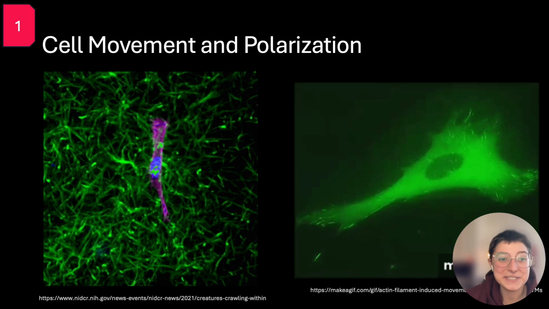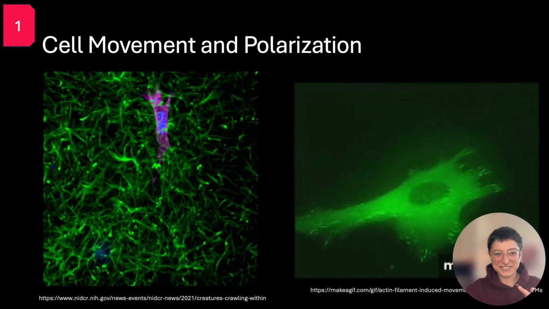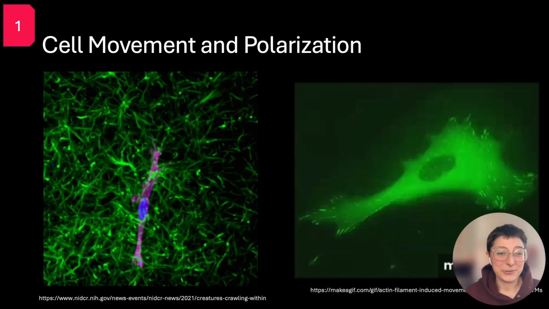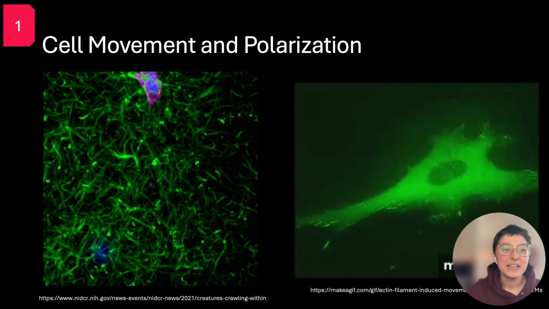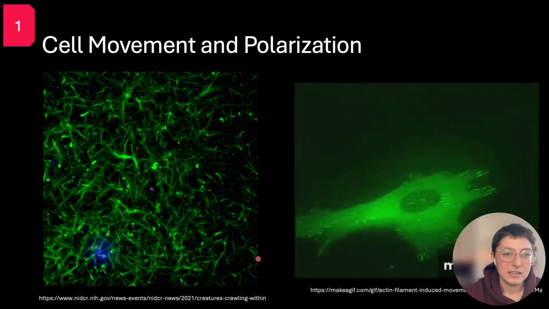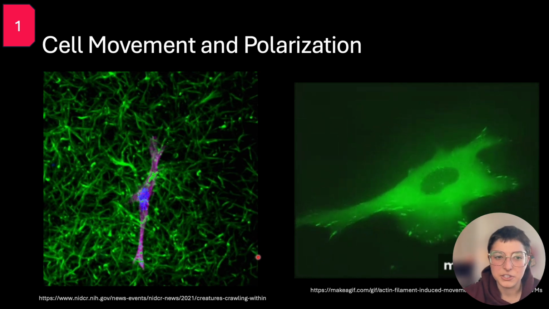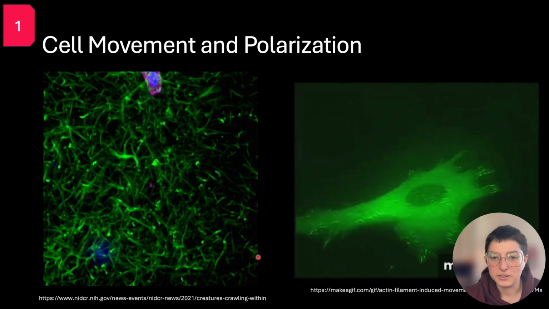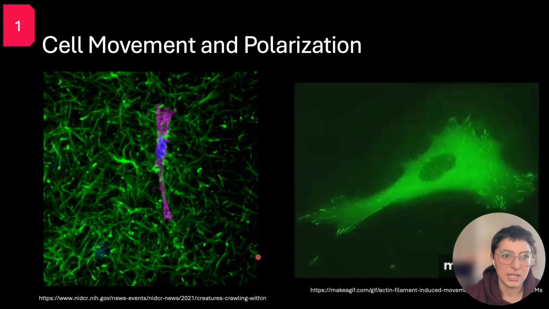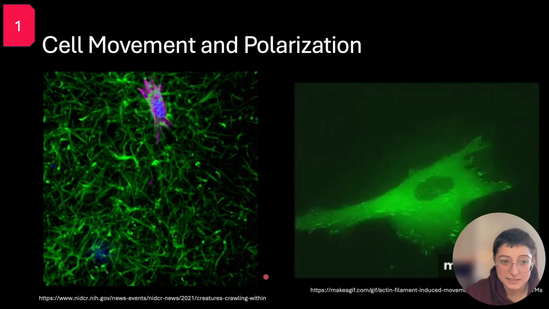And this is a video that I just love. It looks like a little monkey climbing through a net. The green here is extracellular matrix. I'm not exactly sure what protein or complex it's marking, but the purple thing is the cell.